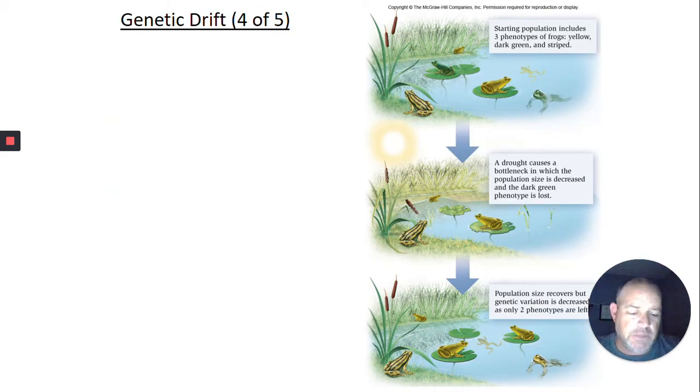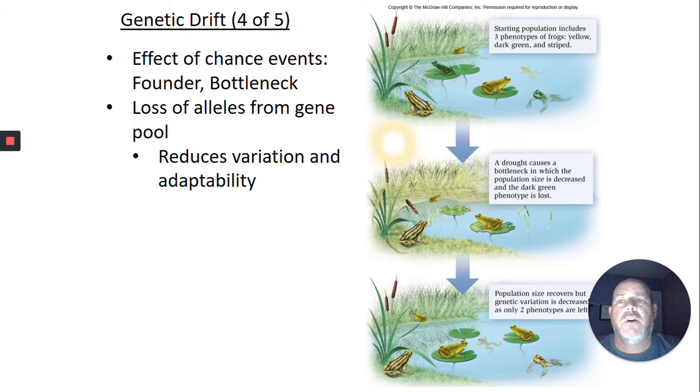So, kind of funny. Genetic drift. So again, founders and bottleneck. These a lot of times reduce variation, right? Because you lose a segment of the population, or you lose a bunch of the alleles because of the events that take place. The example to the right with our frogs: we have three colors in the top picture with a full pond, yellow, dark green, and striped frogs.